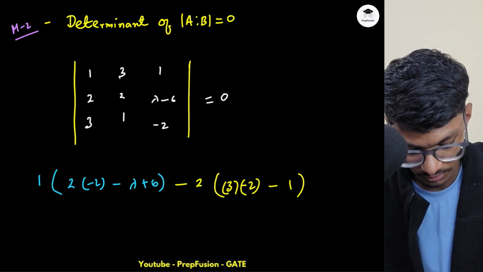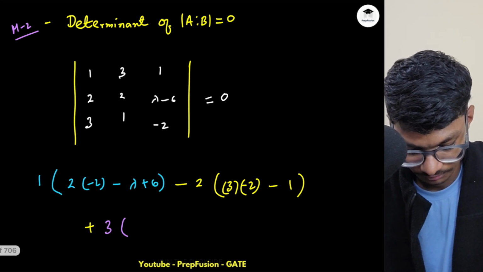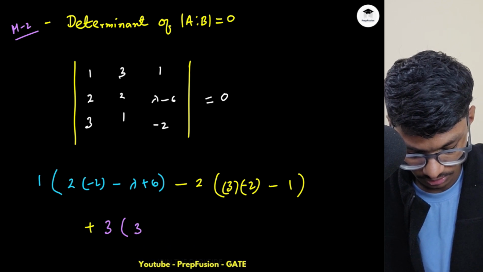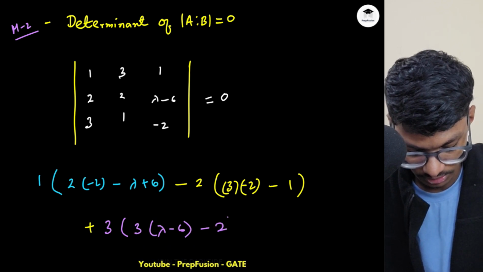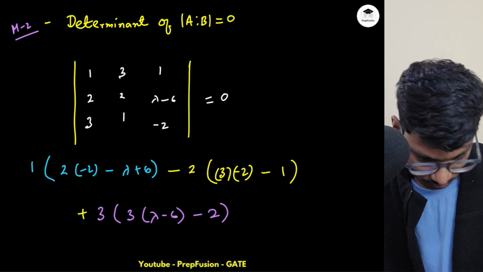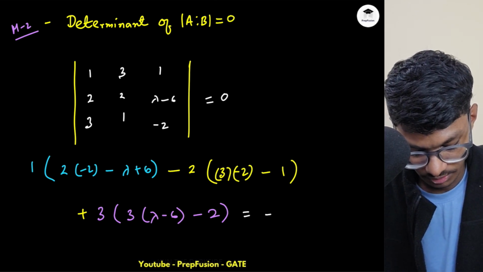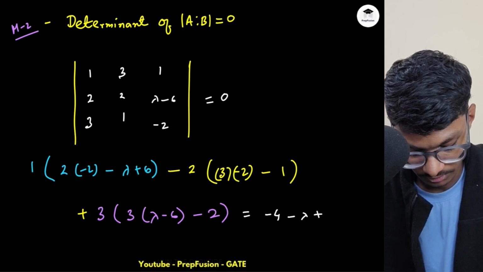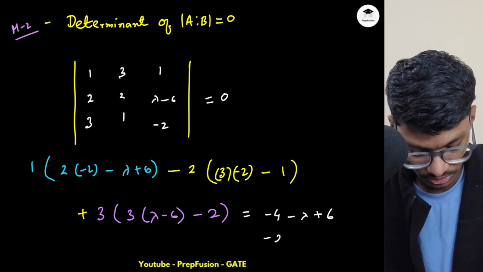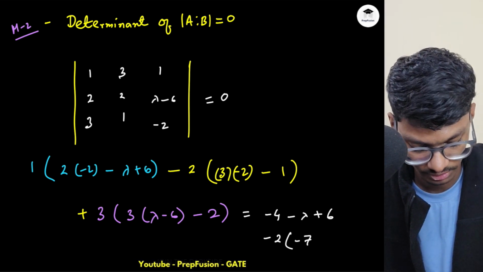Minus 1. Now plus 3 times this and this. So this is 3 times lambda minus 6 minus 2. So this is minus 4 minus lambda plus 6. Then this is minus 2 times minus 6 minus 1, so this is minus 7.